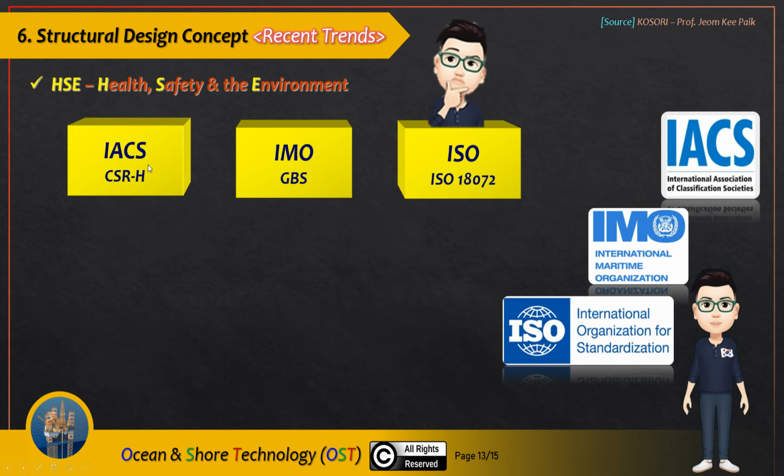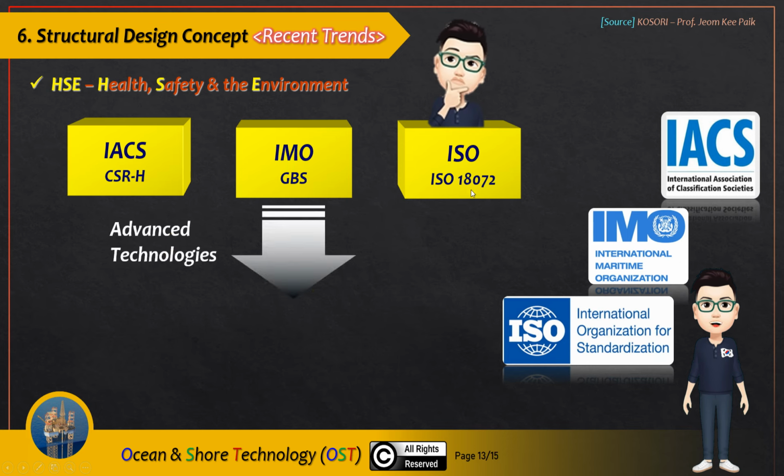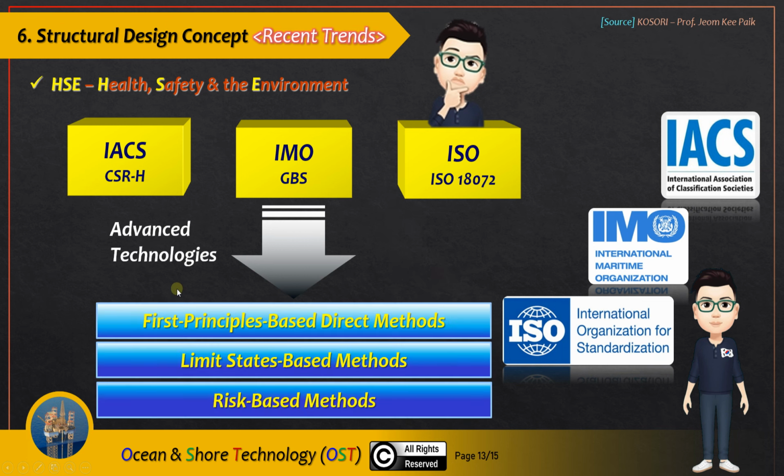So we have the IACS Harmonized Common Structural Rule and Goal-Based Standard from the IMO and ISO rules. What they are doing is they want to investigate and further develop the advanced technologies, focusing on the first principle based and direct method, and the limit state based method, and the risk based method.